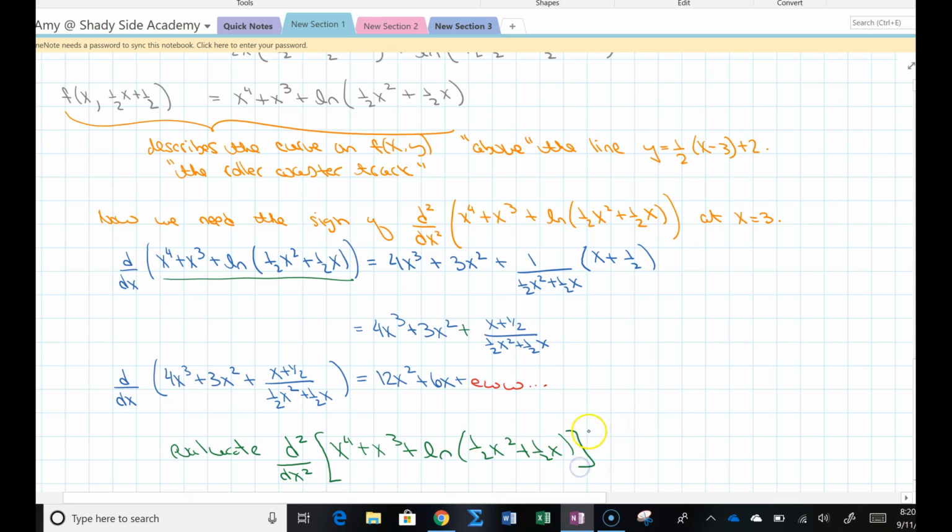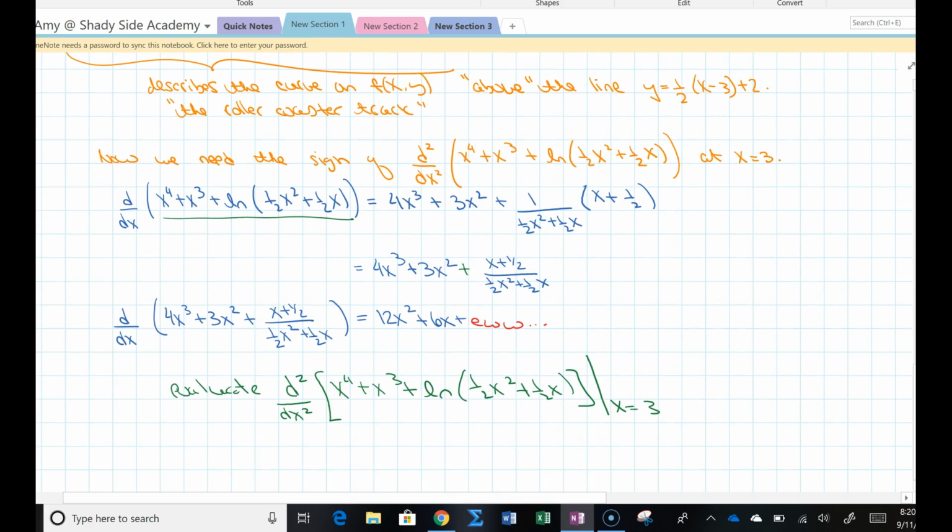If you would please evaluate this at x equals 3. And the question is, is this second derivative sign positive or negative? That will then tell you whether your approximation would be an over or an under.